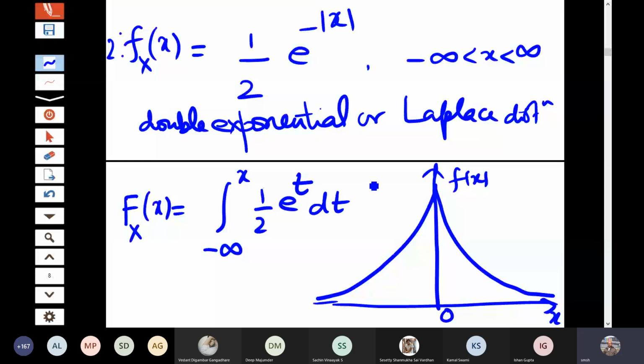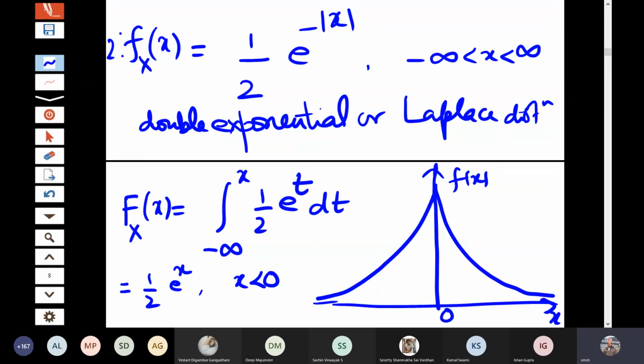It is like this, and you can evaluate it. So this is equal to half e to the power x, if x is less than 0.